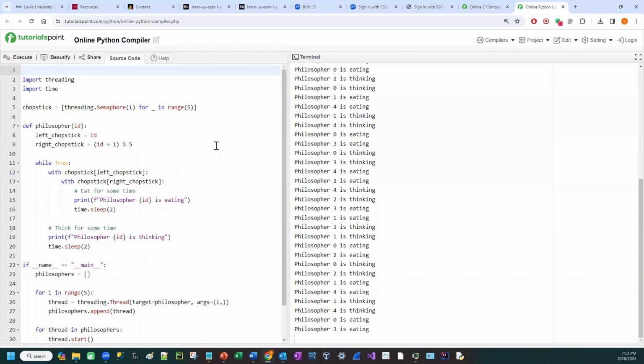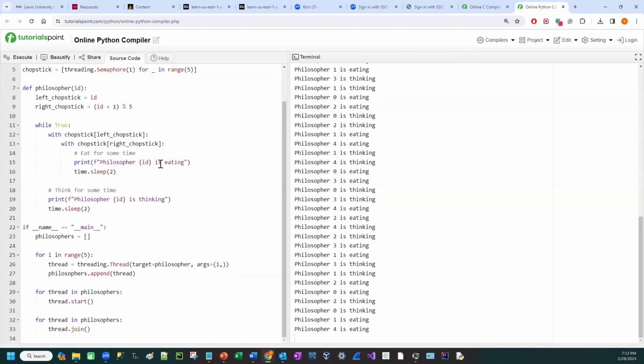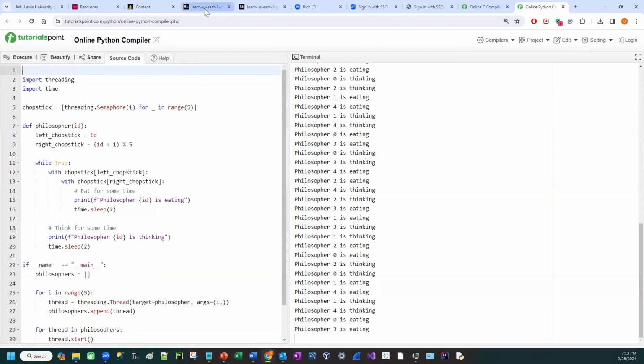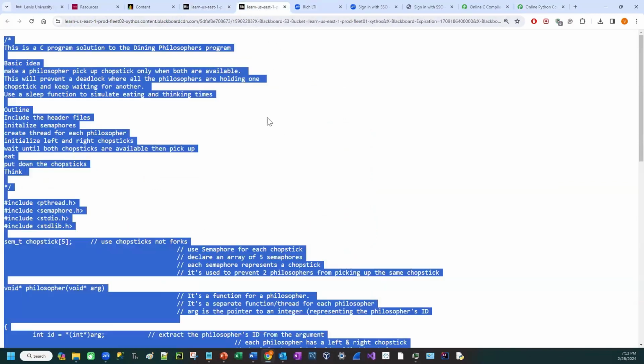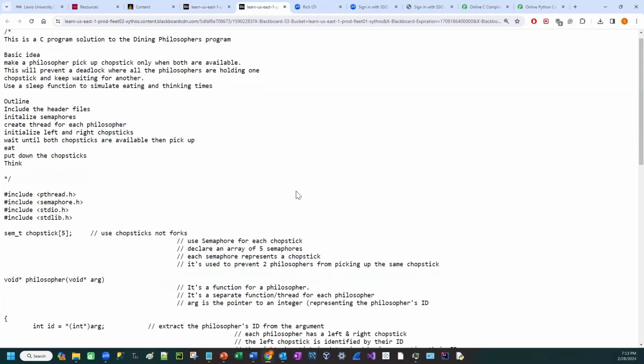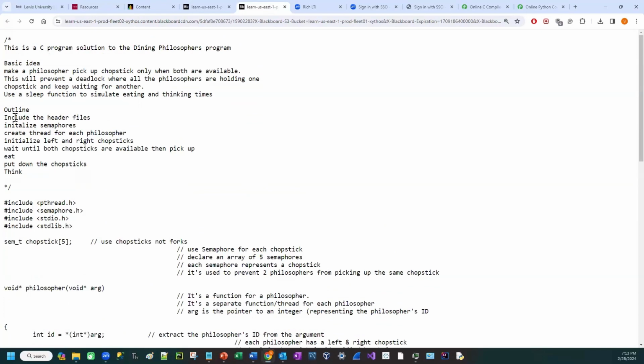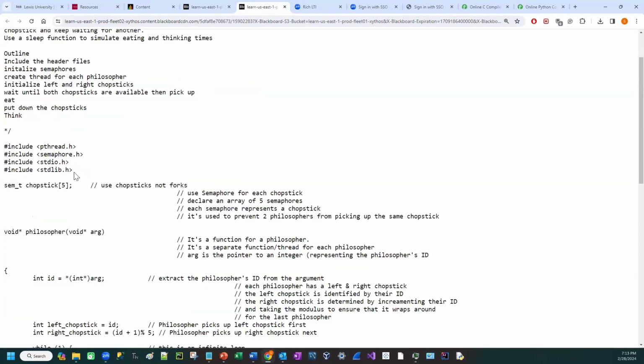I put some explanation here. Let's see, I think I only did it for the C programming. I gave you an outline of what each one of them is doing. But this is not a programming class, so I don't want to go into too much detail going through the whole thing. If you're interested, you can take a look at my notes and see if that makes sense to you.